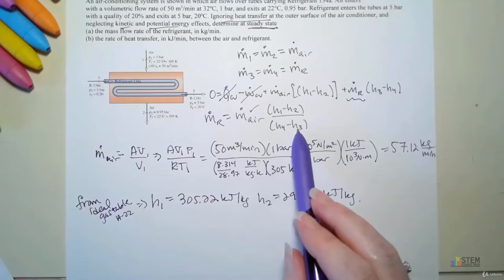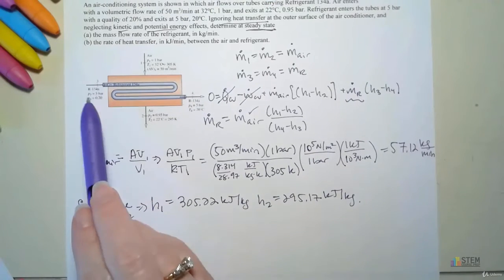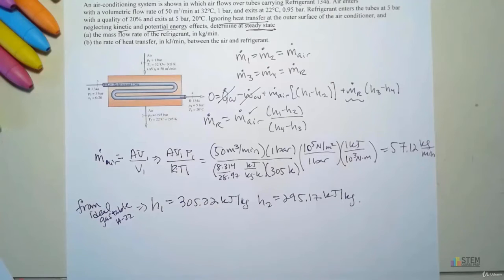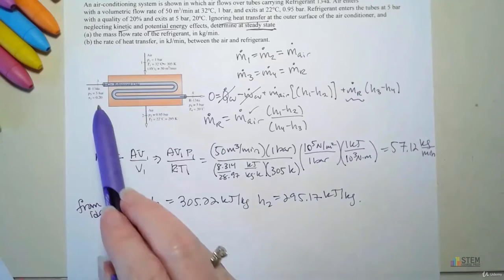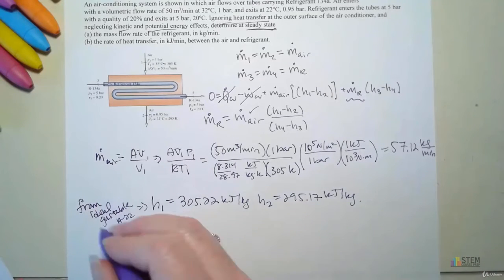Now when we go to H3, we aren't given a temperature. Remember, for ideal gas, everything's based on temperature. We don't really care about the pressure. So now you're going to have to use your equation that uses quality, because quality was given.